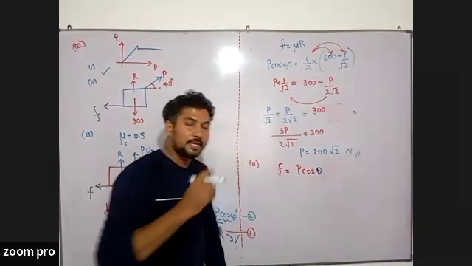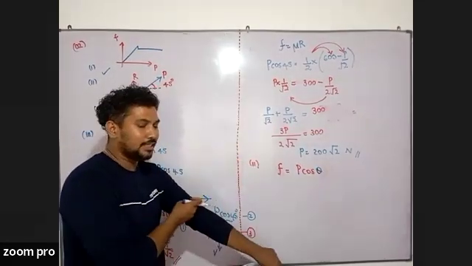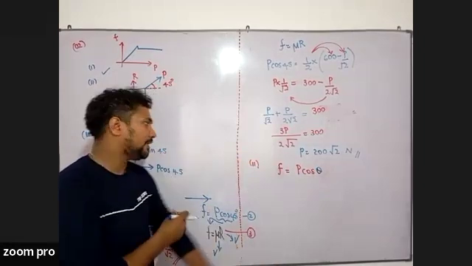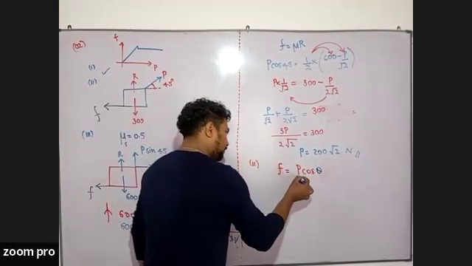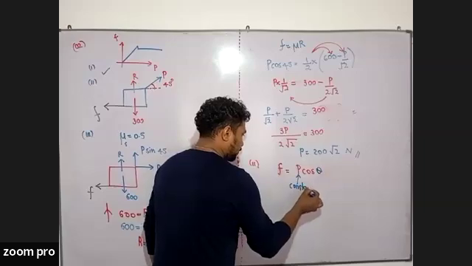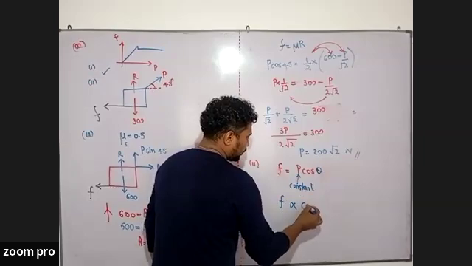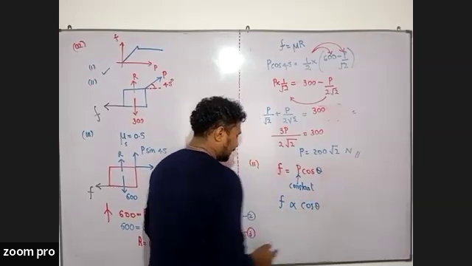Right. So now what I'm trying to do is build a relationship between theta and the friction force. If P is constant, we can consider that F is proportional to cos theta, right?